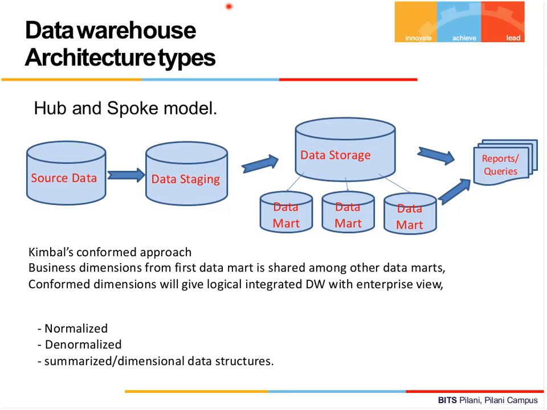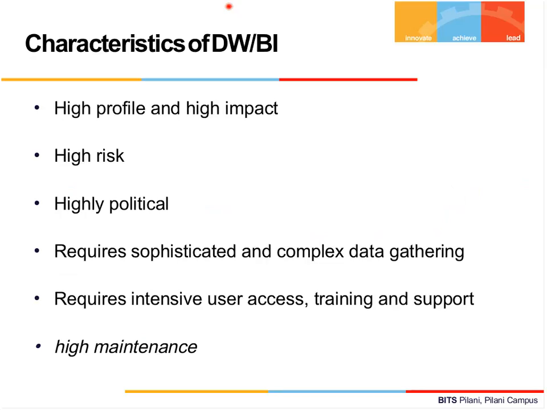So the next point is the characteristics of a data warehouse and business intelligence. What are the different characteristics that we have? It's very high profile and high impact. I talked about it already, because when I say high profile, that means even in some organizations, the CIO, CFO and VP level people will be getting reports out of the data warehouse on a daily basis.